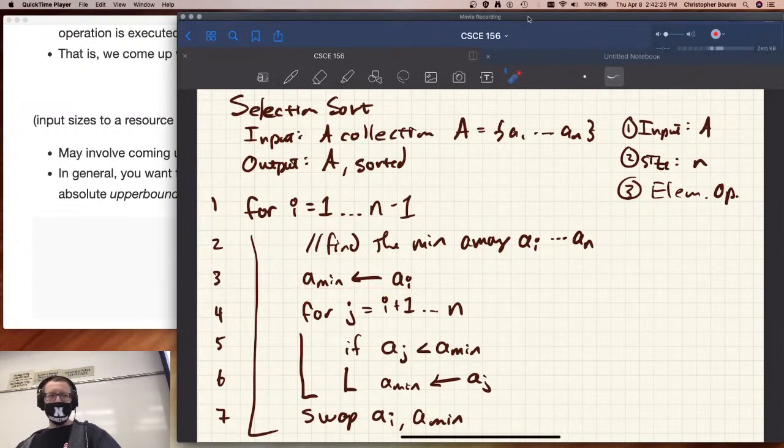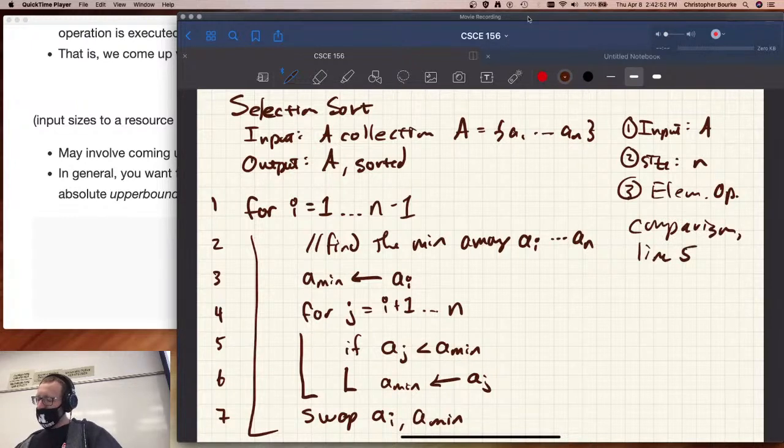It's really not the most common because we've got another for loop down here that's doing a lot more stuff than just one thing, right? So look for the more common operation. Again, necessary for the control structure of the algorithm. Ignore it. The comparison on line 5. Okay. Comparison, line 5. Now let's go ahead and continue here, even though we've kind of decided on this.